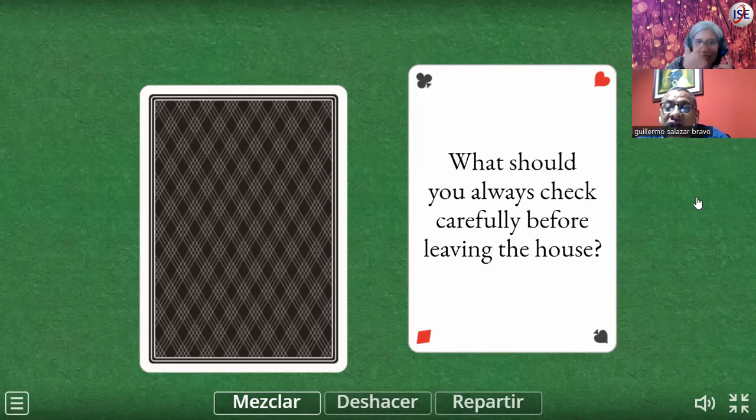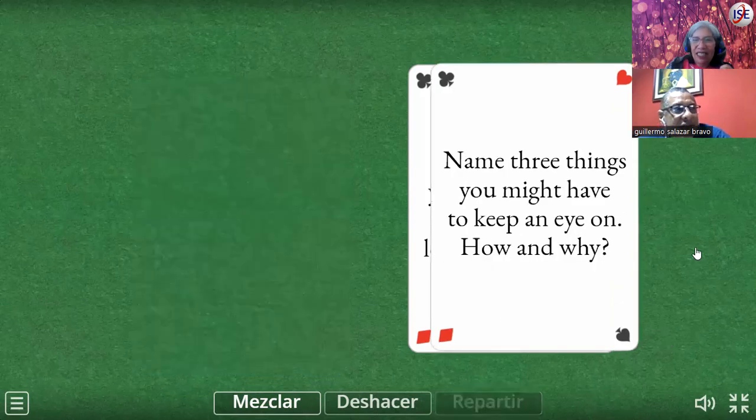My wife, when she rushes out of the house, sometimes the iron is connected, the television is on, or she forgot to turn the lights off. So my wife has to check all the house before she leaves.